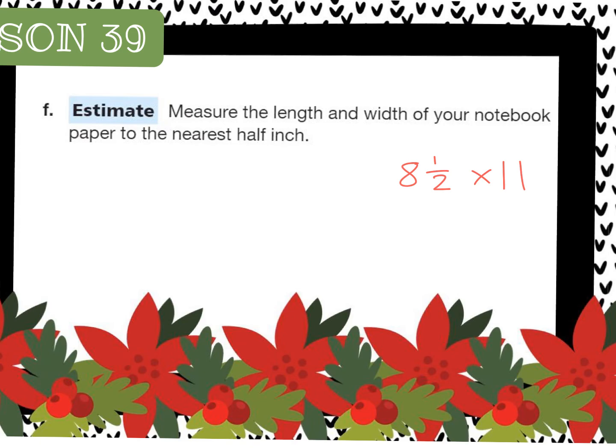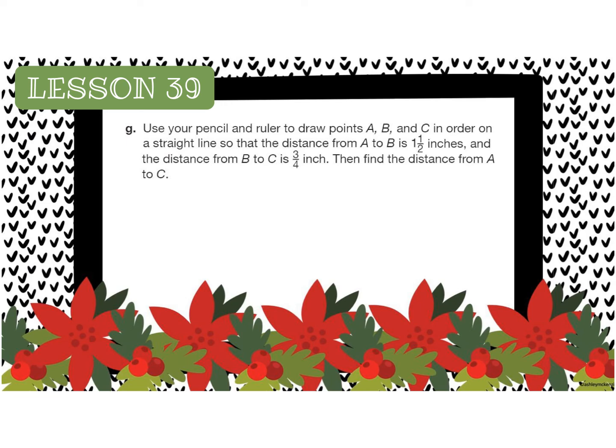Okay, next. I'm going to draw points A, B, and C in order on a straight line so that the distance from A to B is 1.5 inches and the distance from B to C is 3/4 of an inch. So if I do that, I'm going to have A, and it says A to B is 1.5 inches, and then from B to C is 3/4 of an inch.